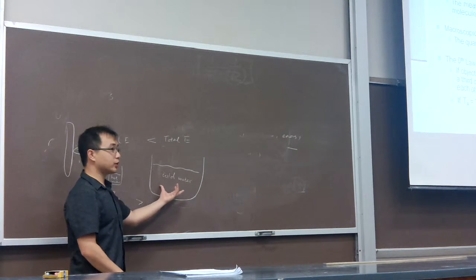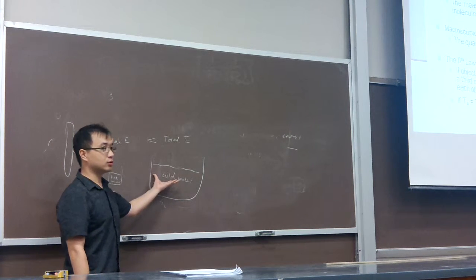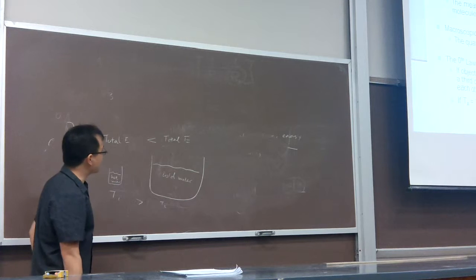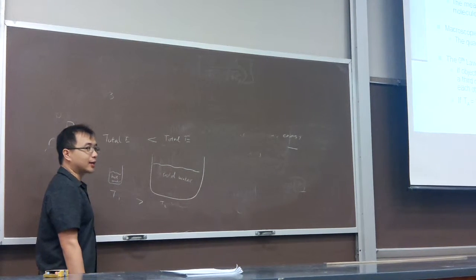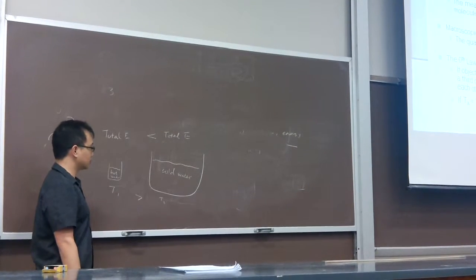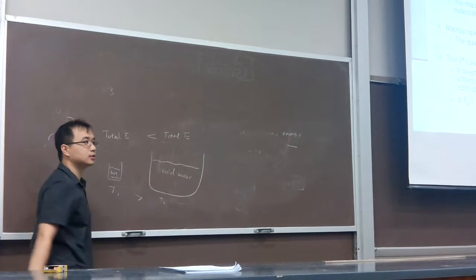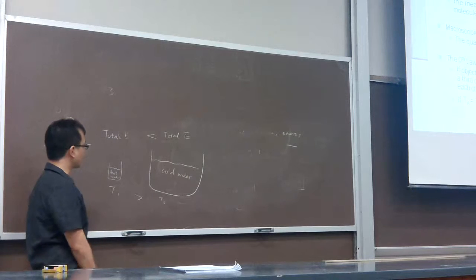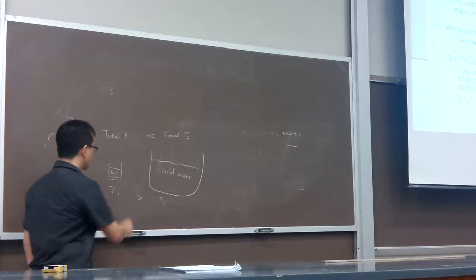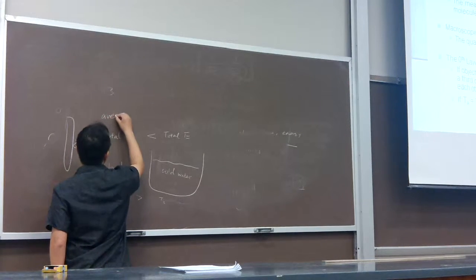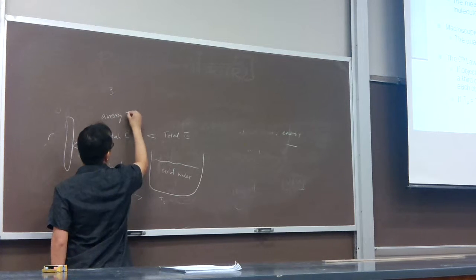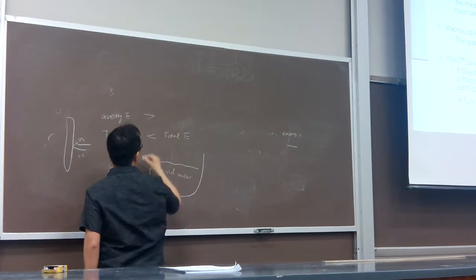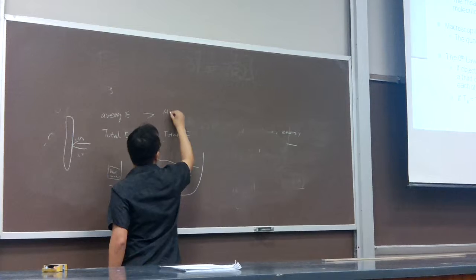This one has a large total energy because it has a lot of molecules. How about the average kinetic energy for each molecule? Which one is larger, cold water or hot water? Hot water. So the average E of this one is larger than this one.